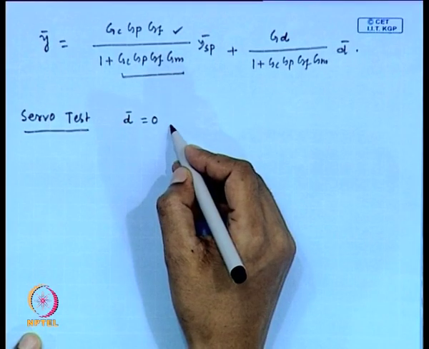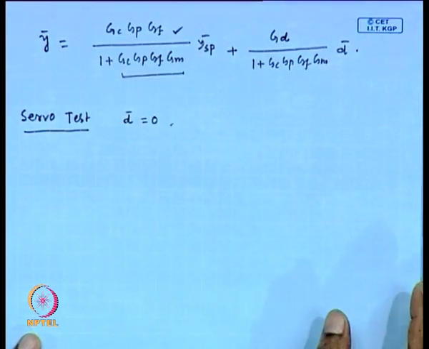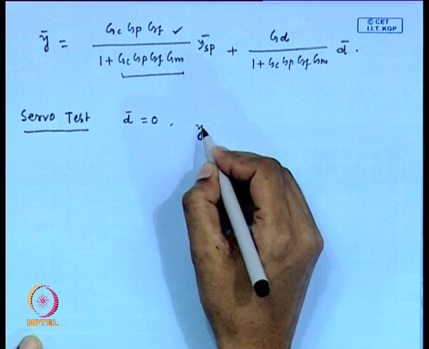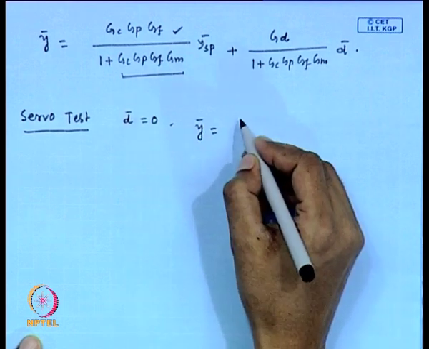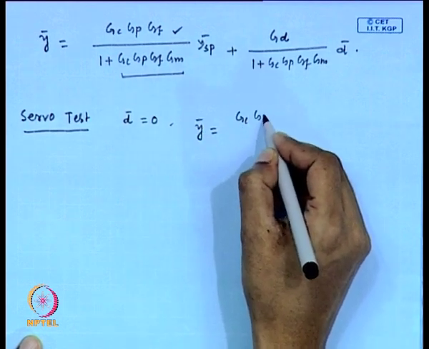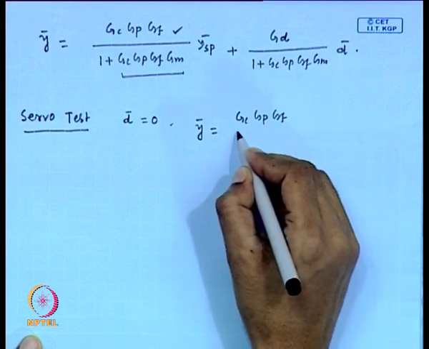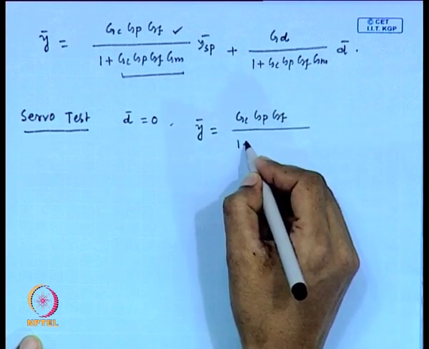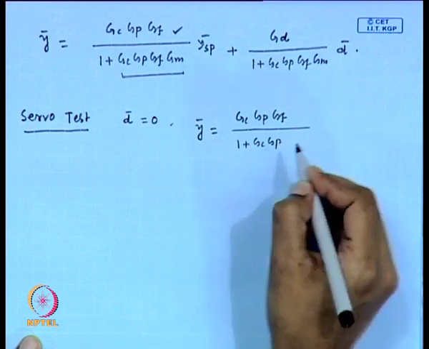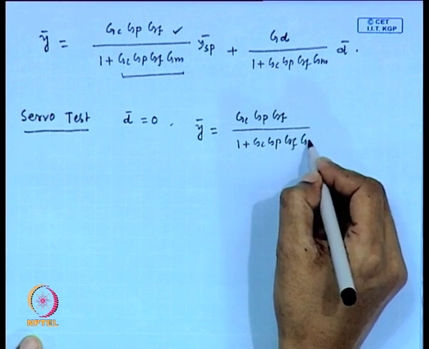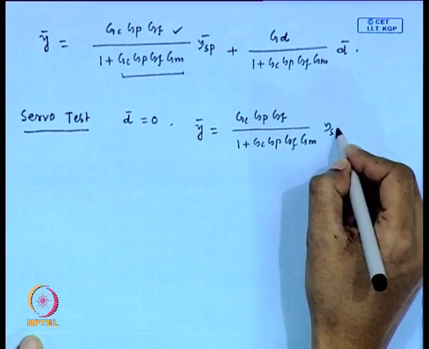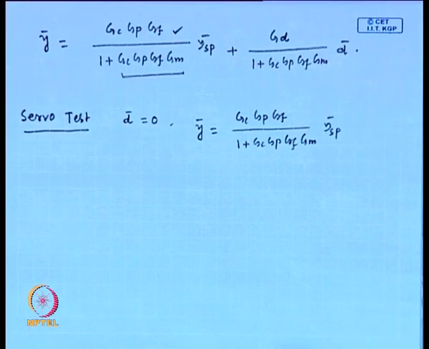Fine. Now, if d bar becomes 0, what is the closed loop transfer function for the servo problem? It becomes y bar equals GC GP ZF divided by 1 plus GC GP GF ZM times y set point bar.